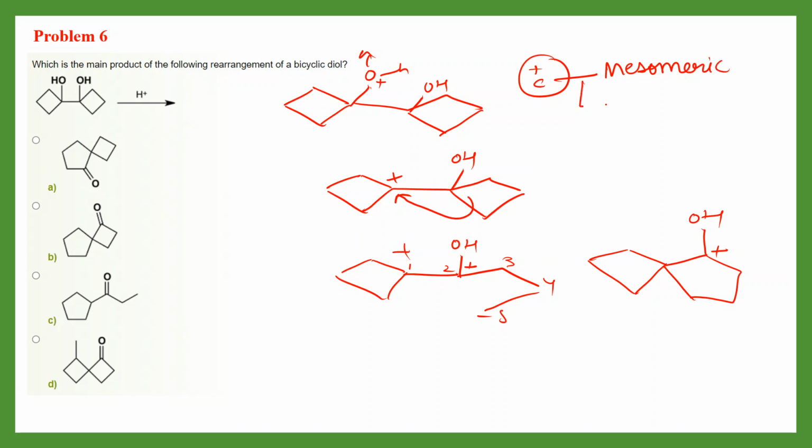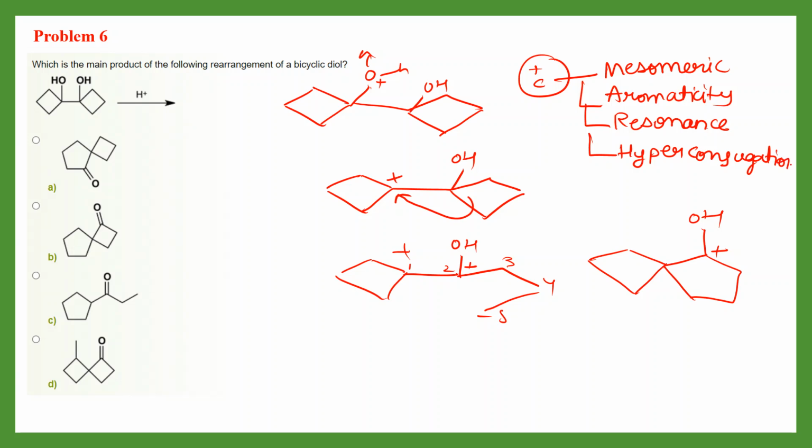Then, order-wise, you have to see aromaticity. Then you have to see resonance. Then hyperconjugation. Always see carbocation stability in this order and you will never go wrong. And at last, the inductive effect.